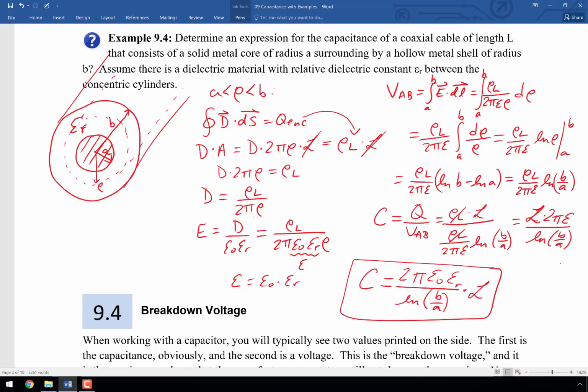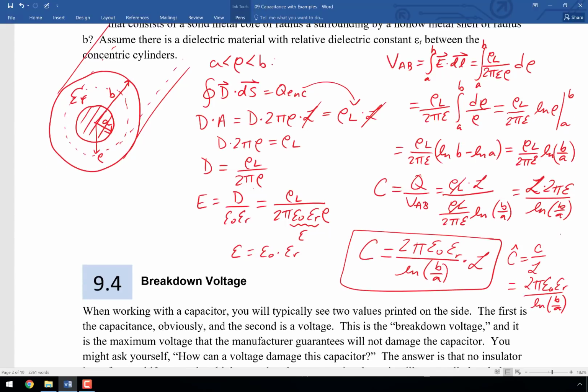And it would be very convenient here to just say C hat, the capacitance per unit length, is C divided by L, which is, and I've kind of run out of space to put this, 2 pi epsilon 0 epsilon r divided by the natural log of B divided by A. That'll be a result that will come back and be helpful to us in the last portion of this course.